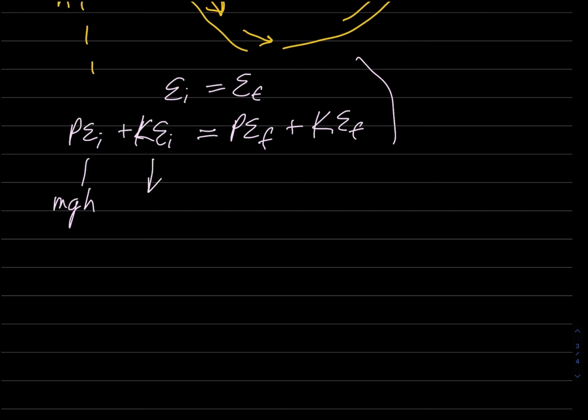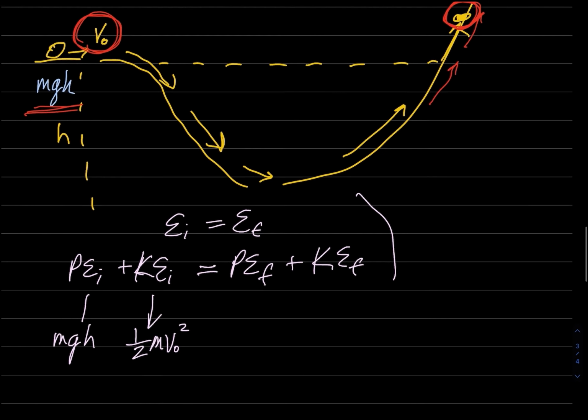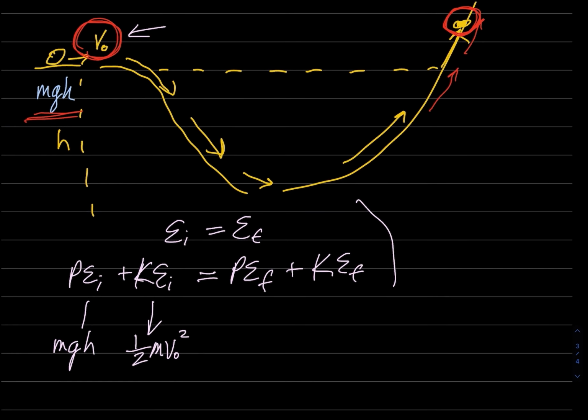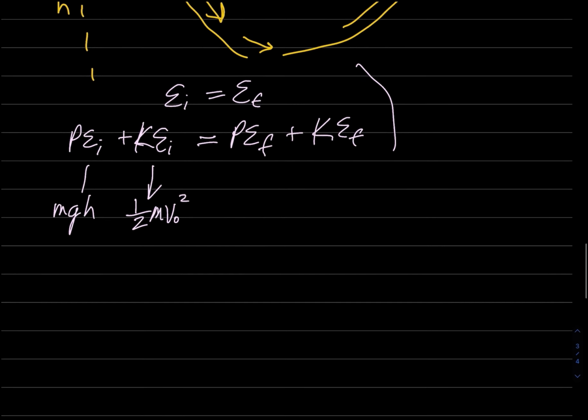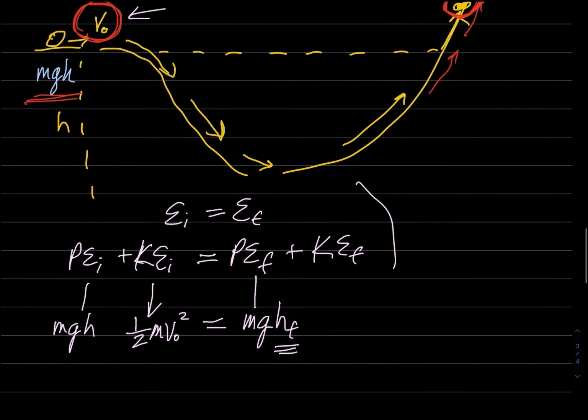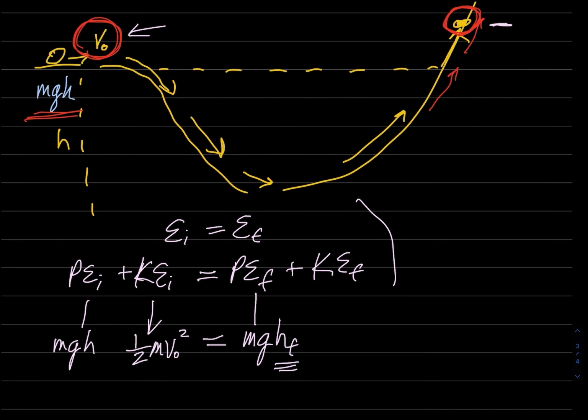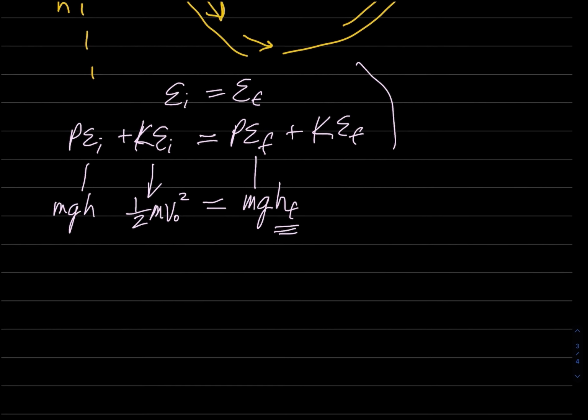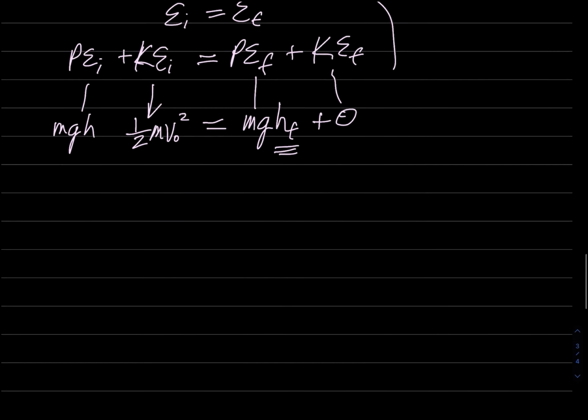The initial kinetic energy was 1/2 m v sub naught squared because it started out with the speed of v sub naught. The final potential energy is mg times its final height, how high it climbed before it stopped. And its final kinetic energy is 0, because we said it stopped, and it's not moving, and it doesn't have kinetic energy. So now let's run through this.